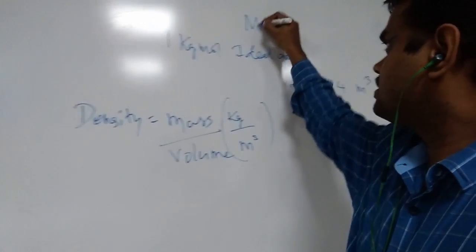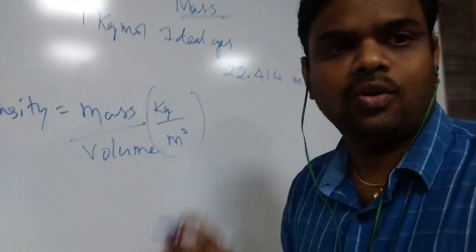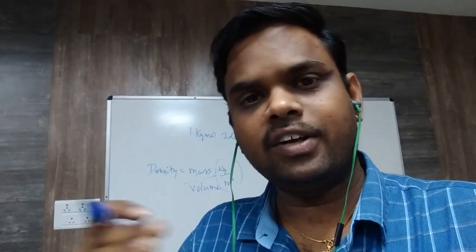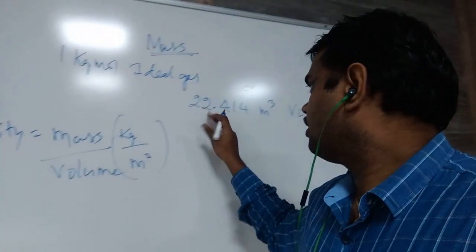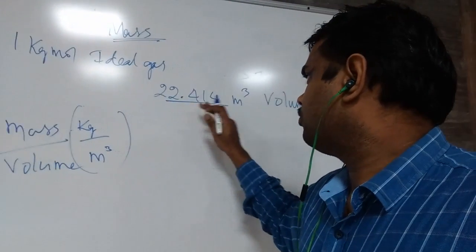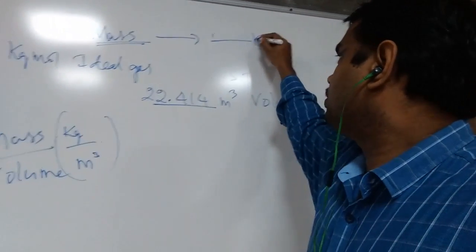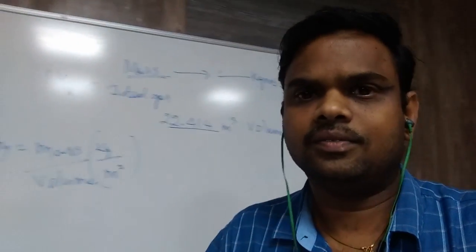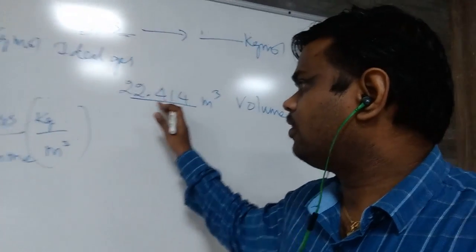If you know the mass and the average molecular weight of a gas mixture, we can get kg moles from the mass. 1 kg mole will occupy 22.414 meter cube, so the kg moles you get from mass can be used directly to get the volume.